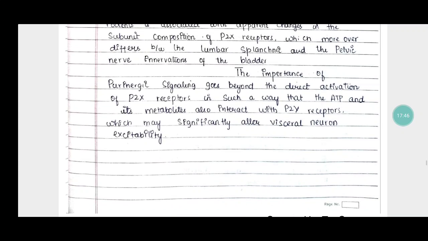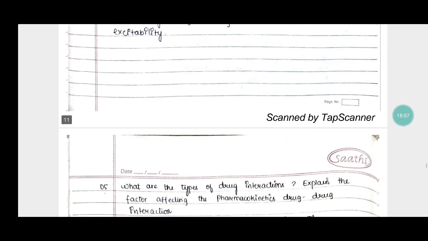So the importance of purinergic signaling goes beyond the direct activation of P2X receptors, in such a way that ATP and its metabolites also interact with P2Y receptors, which may significantly alter visceral neuron stability.